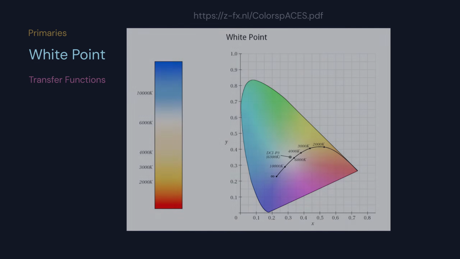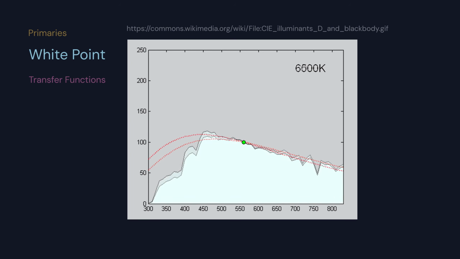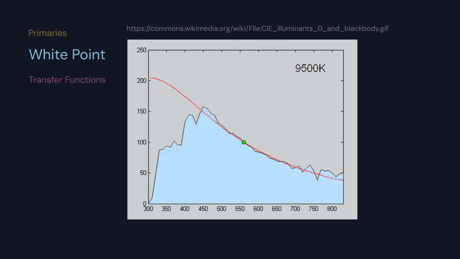The white point defines how cool or warm gray values like 1 1 1 will look in the color space. For example, illuminant E or IE stands for equal energy, meaning all wavelengths have the same intensity. Another common white point is D65 or daylight 6500 Kelvin.